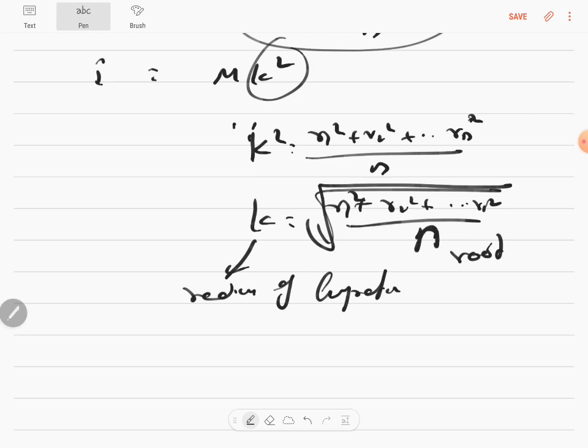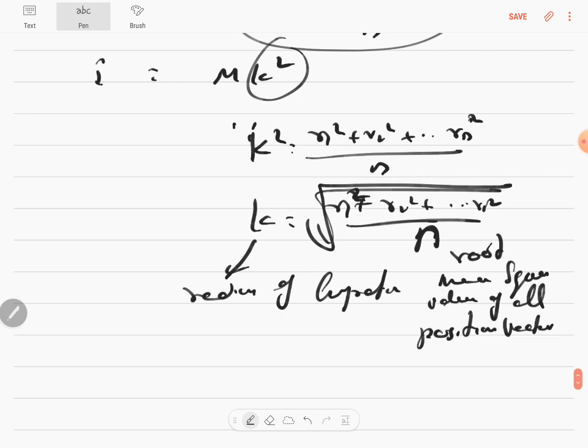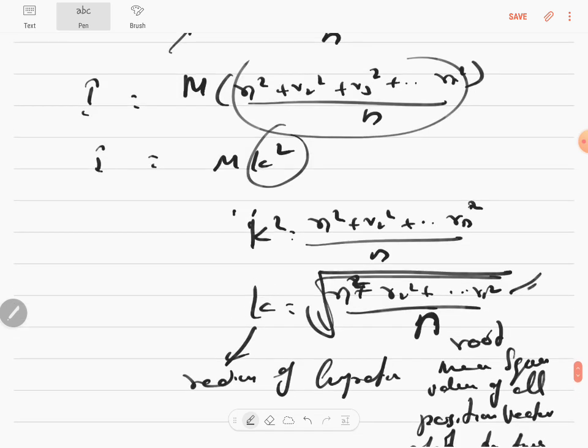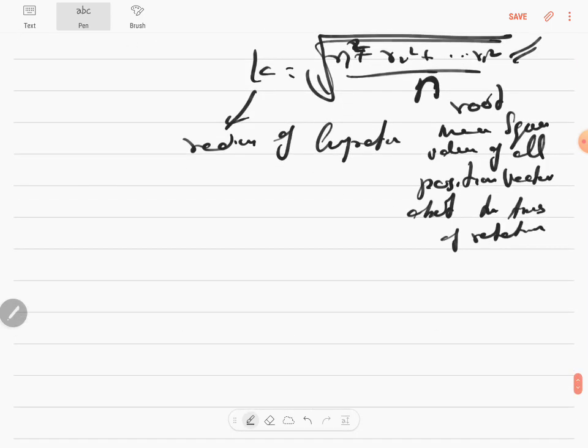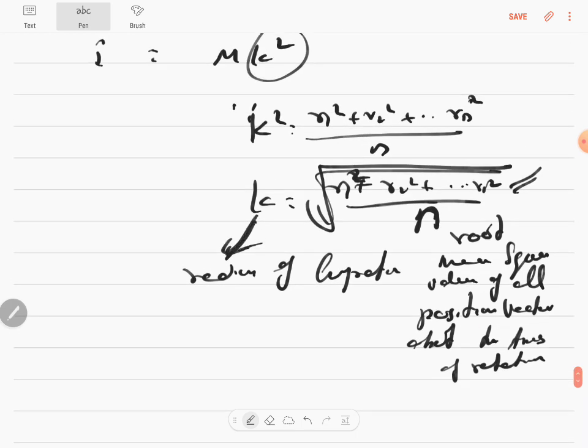So the root mean square value of the position vectors of all the particles about the axis of rotation is what is defined as the radius of gyration. That's done.